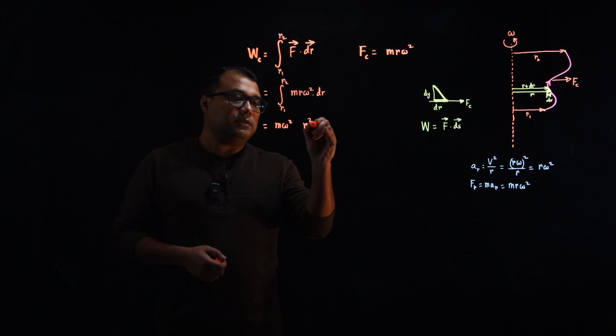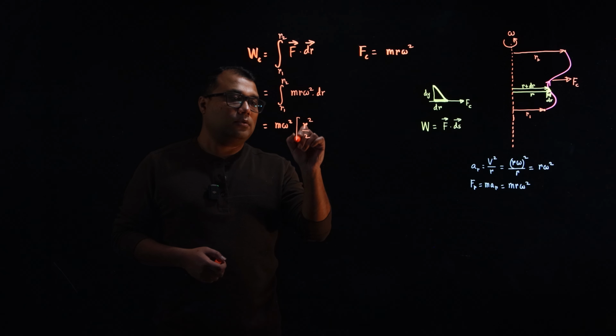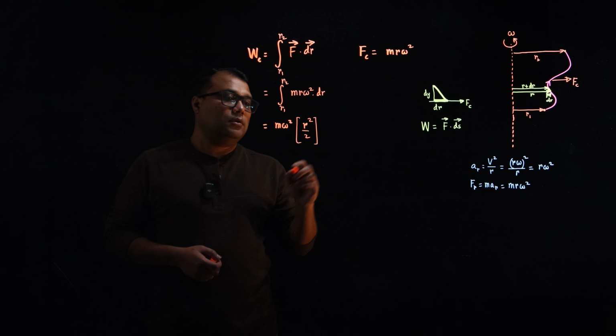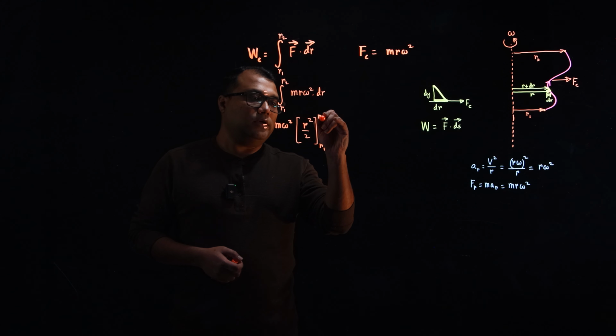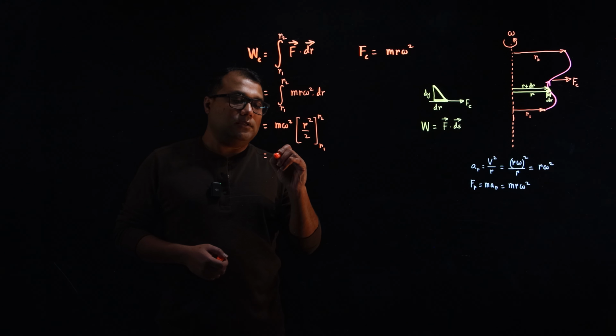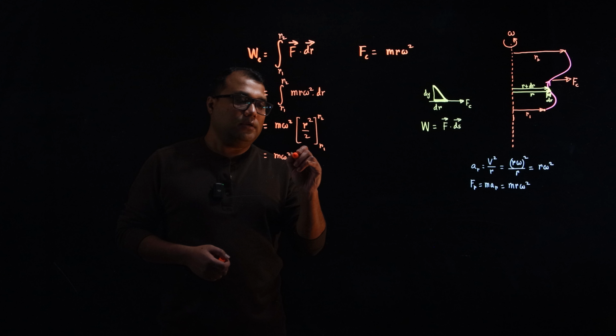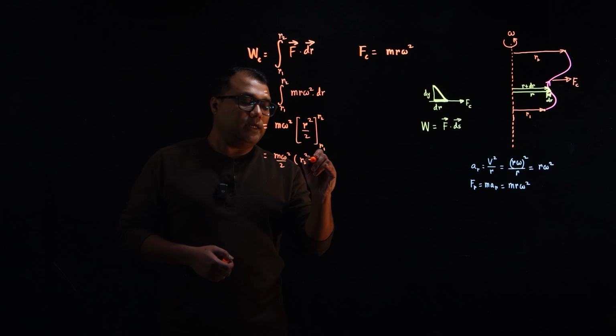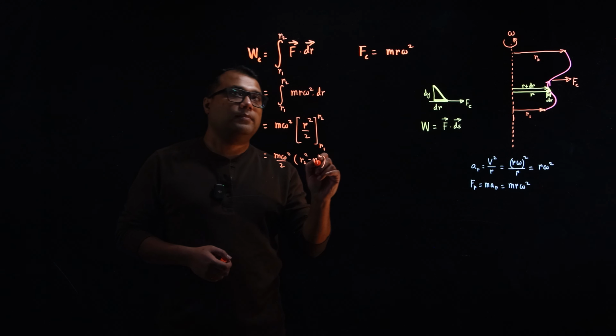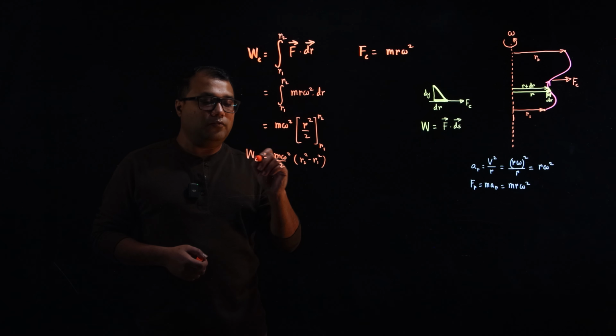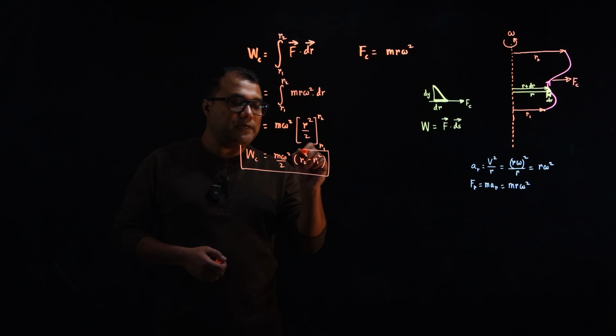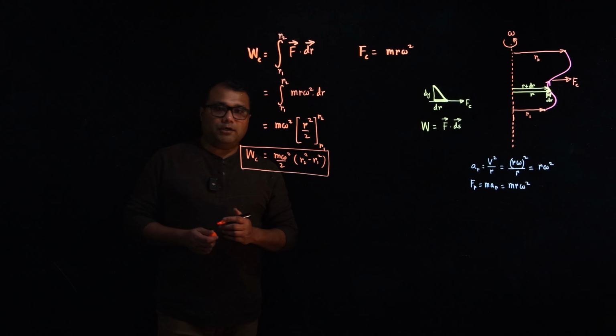This integration becomes r square by 2, from R1 to R2. So this becomes m omega square by 2 times (R2 square minus R1 square). So that is the total work done by the centrifugal force of inertia.